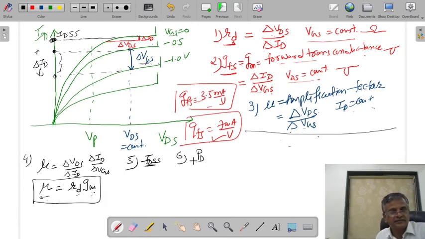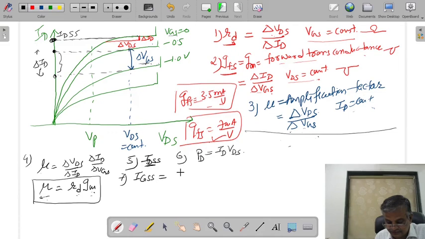Sixth parameter: power dissipation. What is the power dissipation in a transistor? It is the product of drain current and drain to source voltage. Seventh: gate to source leakage current.